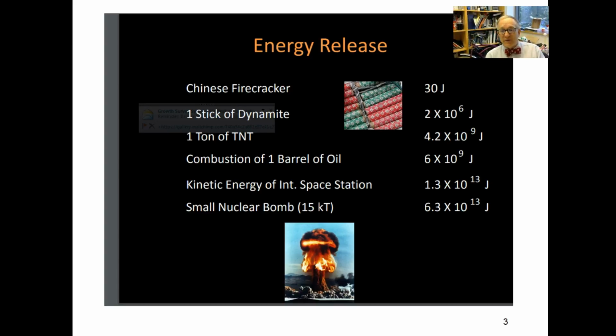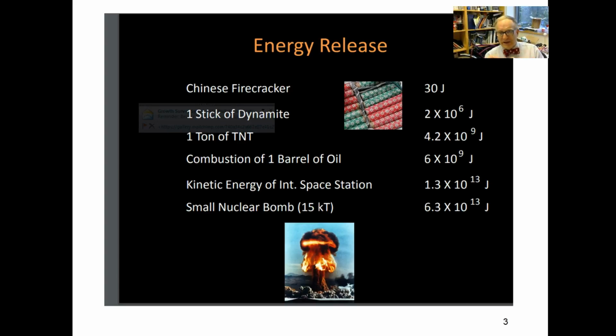The kinetic energy of the International Space Station as it moves through space is 1.3 times 10 to the 13th joules. And a small nuclear bomb, 15 kilotons, is 6.3 times 10 to the 13th joules. And so the space station is moving quite fast. It's going around the Earth a little over an hour, so it's traveling 25,000 plus miles an hour.